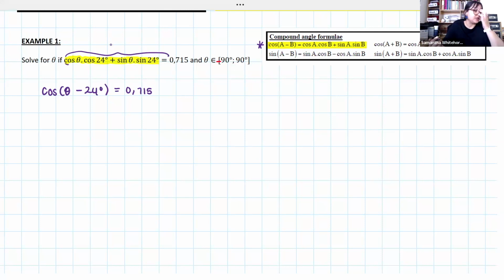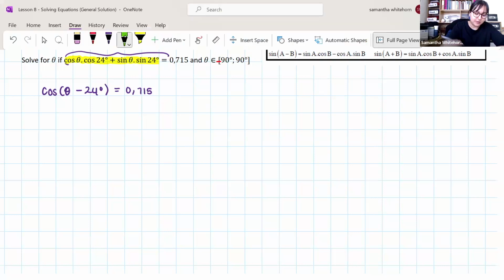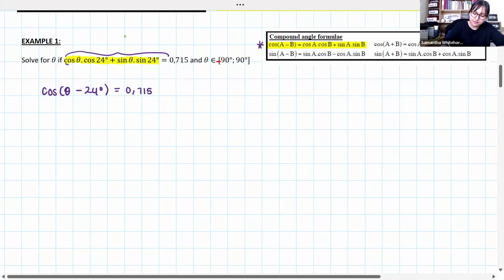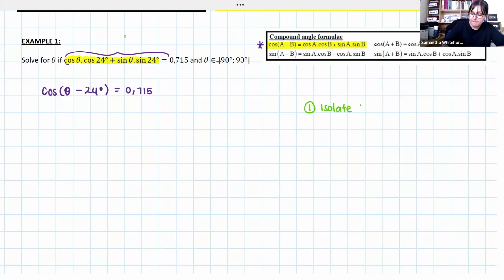And this is now where we need to start solving our general equation. Right, I'll try to write down steps as we go along, just so that you have some steps that you can potentially follow. For some people, it is useful. So the very first thing that we always want to do, can't write one there, okay, is isolate your ratio. What that means is that there should be no coefficient to the ratio.